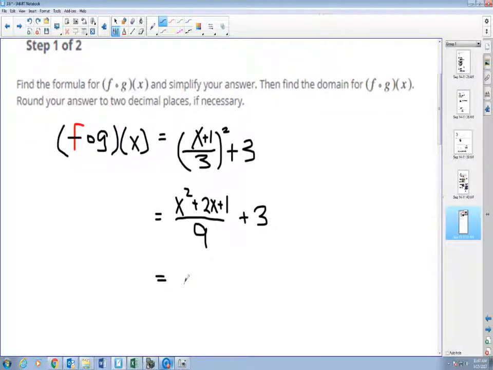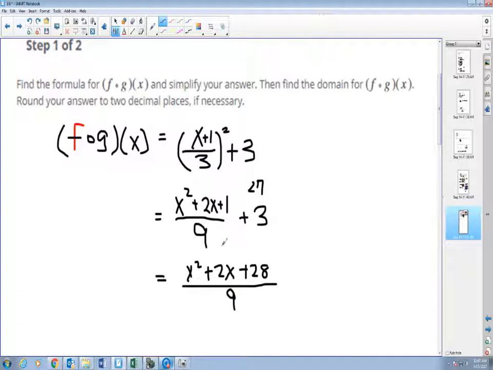Alright, let's make it into one term. 9 times 3 is 27. x squared plus 2x plus 1 plus 27. That would be x squared plus 2x plus 28. Whole thing over, denominator is still going to be 9.